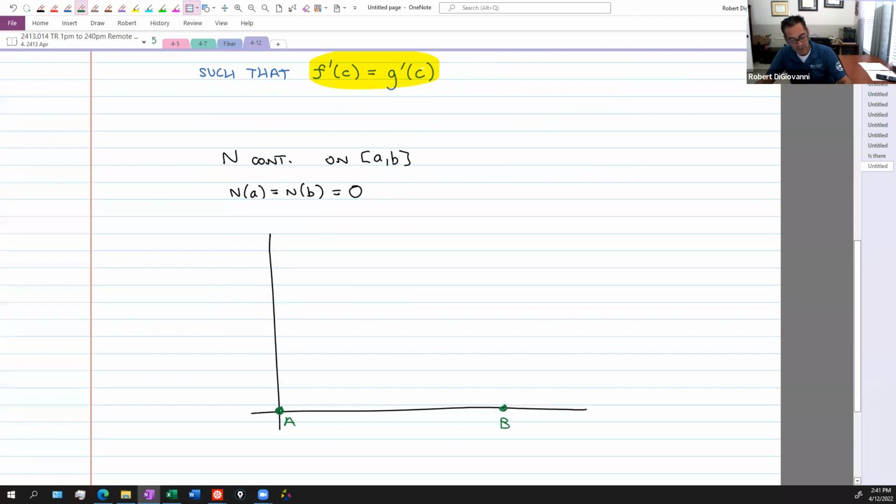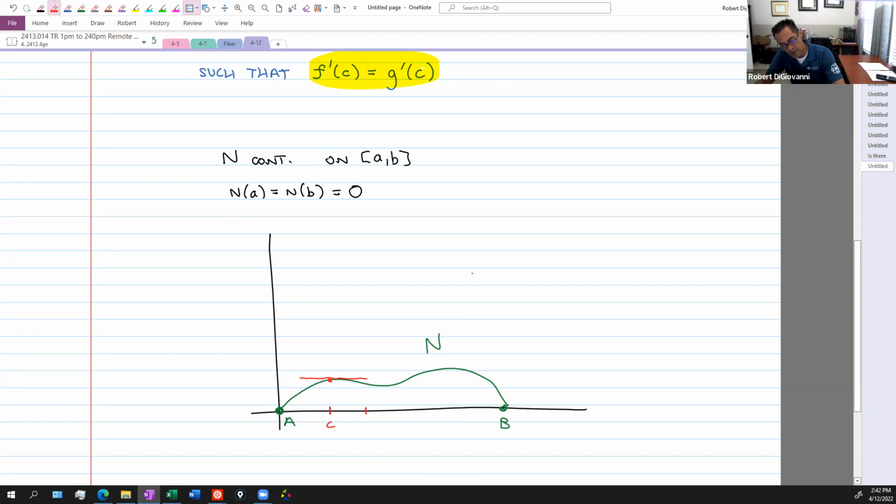Whatever the graph does, it does, but I know that it starts together, ends together. Which means by Rolle's theorem, there's got to be some point in here where this is true, right?